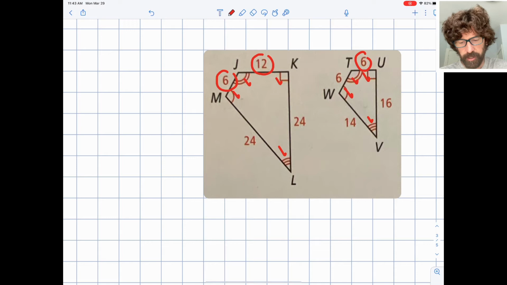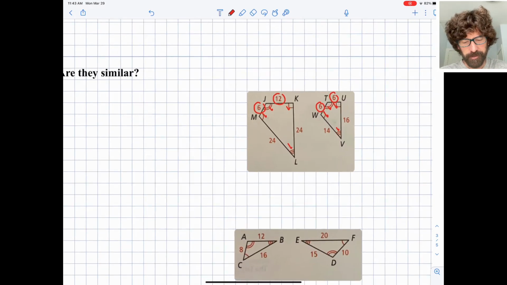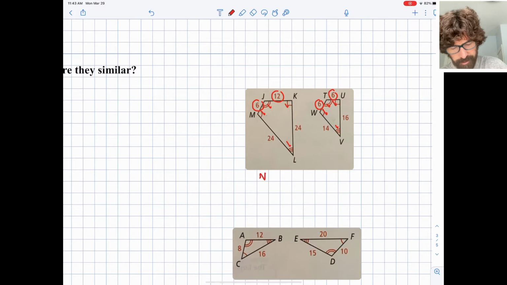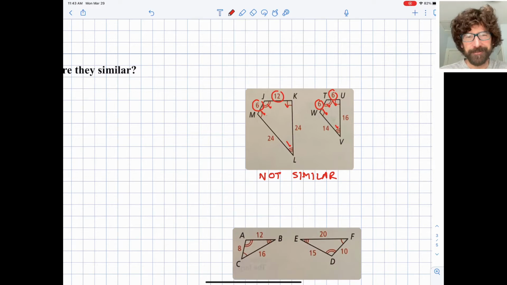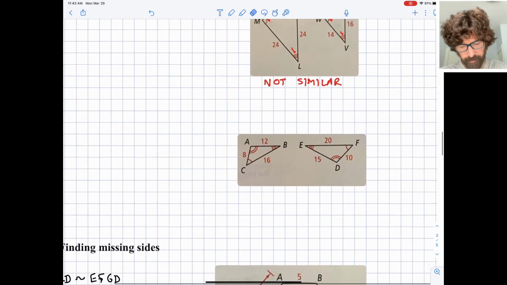But that doesn't apply over here. 6 to 6 is not a factor of 2, right? So here, this one would be not similar. And as soon as we find one of the criteria that doesn't work, we can say the triangles are not similar. Okay, so it was really those two circled 6s that kept them from being similar.